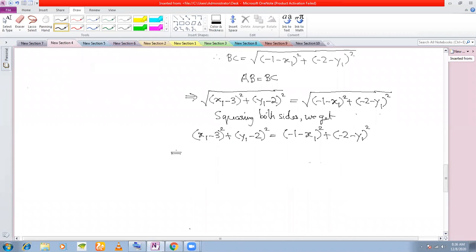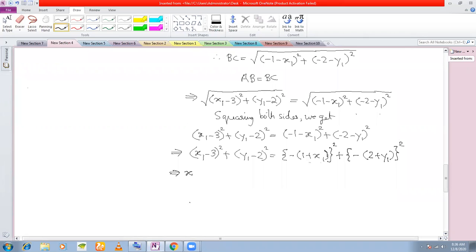Before expanding, let us do a small step that I had shown you earlier also. Whenever you have a whole square and you have both a and b negative, you can write this as minus 1 plus x1 whole square plus minus 2 plus y1 whole square.